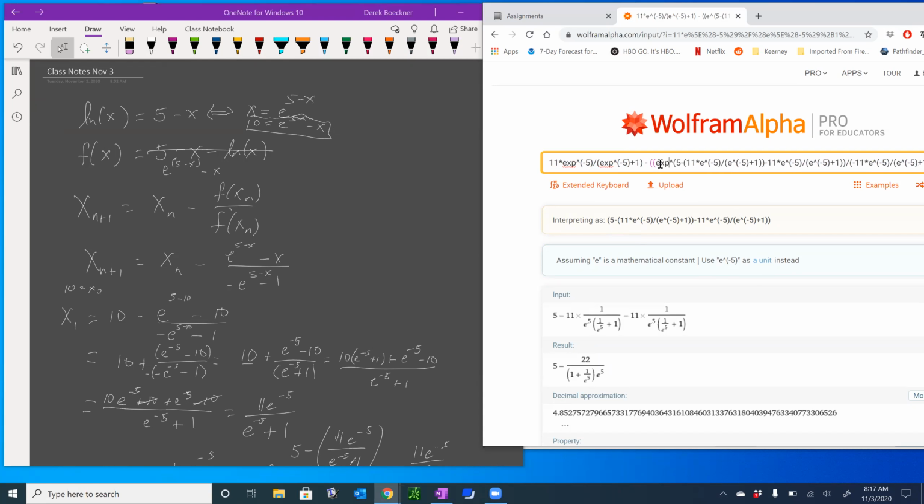Unless it's doing the simplification for me, but I don't think 4.85 is the answer that I want either.